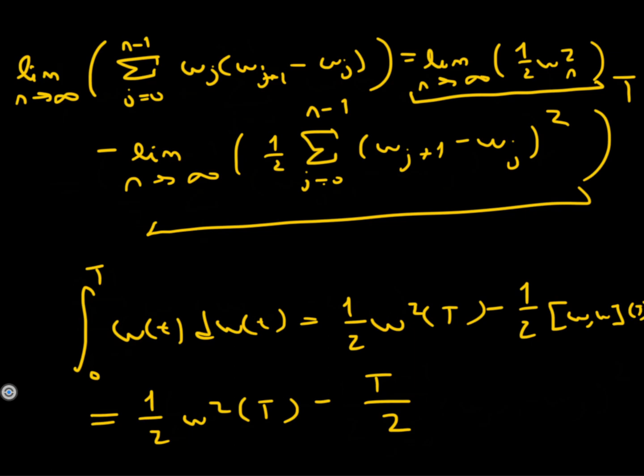And this is the Ito integral of omega t by omega t. And as you can see, unlike a Lebesgue integral, this would be what we have in a Lebesgue integral. We have an added-on variable known as the quadratic variation.